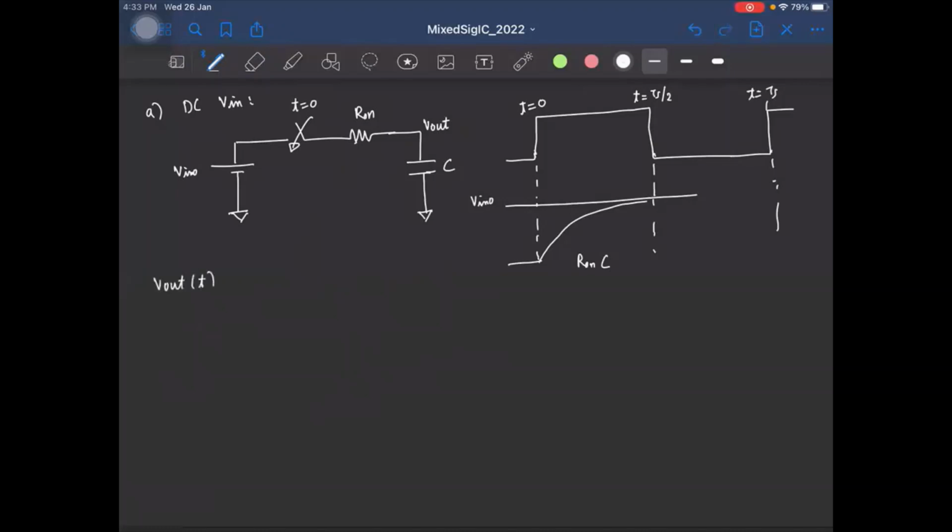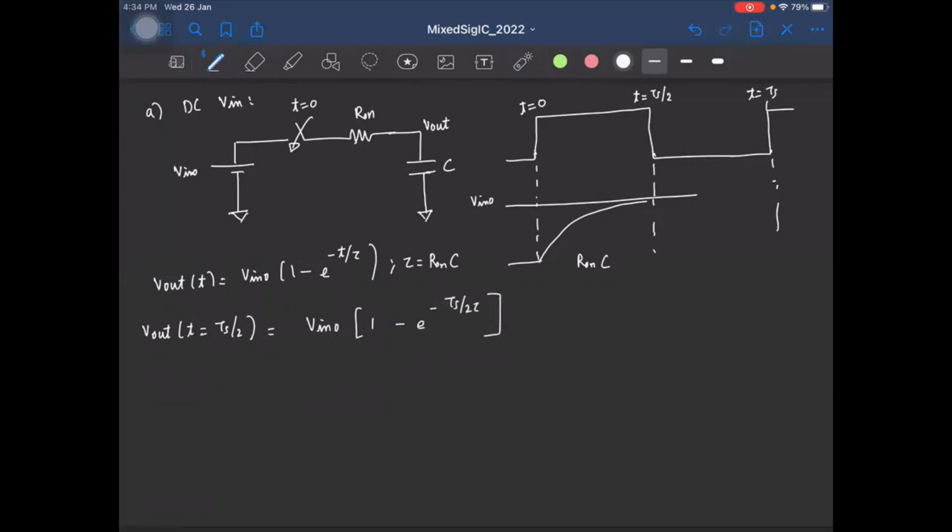V out of t is V naught times (1 minus e power minus t by tau), where tau is R on C. And when are we sampling the output? We are sampling it at this time instant, Ts by 2. So what we are interested in is the output voltage at the time instant t equal to Ts by 2. And this is V naught times (1 minus e power minus Ts by 2 tau).